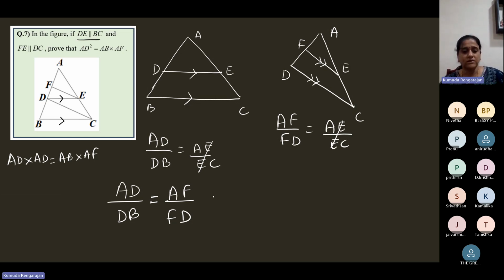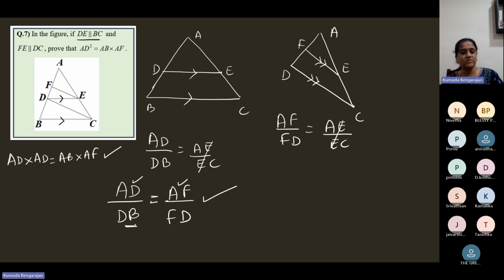By comparing, this is the proportion we have, but this is the result we need to get: AD into AD is equal to AB into AF. Now let's compare the line segments in these two. AD 2 times we have. Here AB and AF. We don't have AB, but we have AF.